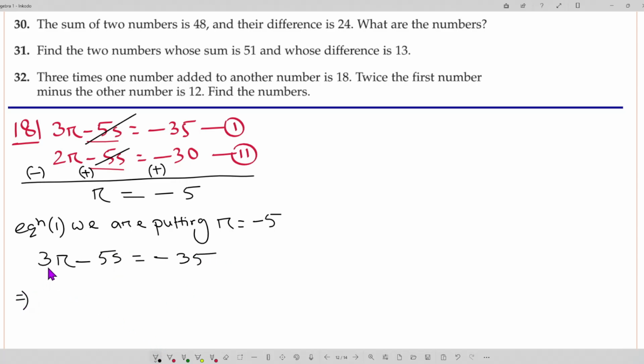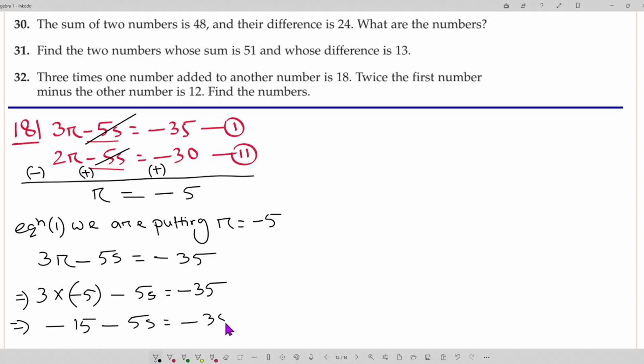Then 3 times r, which is minus 5, and here minus 5s equals minus 35. Then 3 times 5 is 15, so minus 15, and here minus 5s equals minus 35.